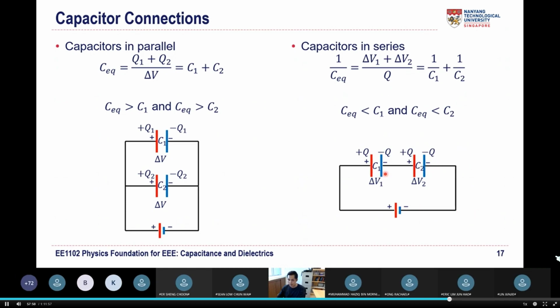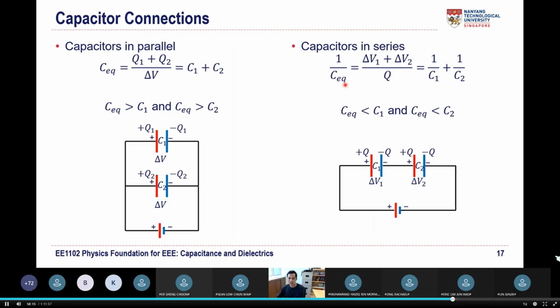And that completes the circuit. Okay. Whereas the voltage, as we understand, in series has to be divided. So if this was the total V, delta V, then part of it is going to be the voltage across the first capacitor, and the remaining part is going to be the voltage across the second capacitor.